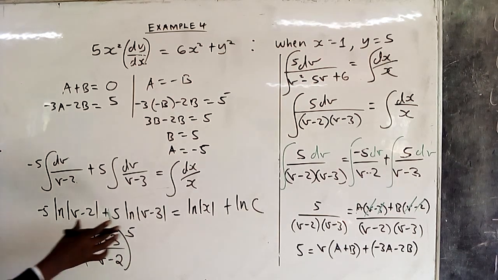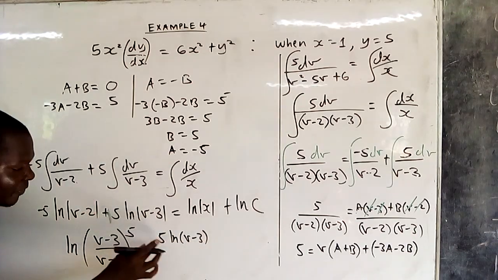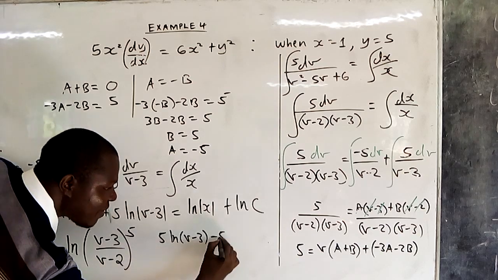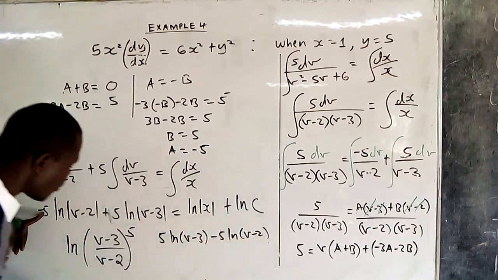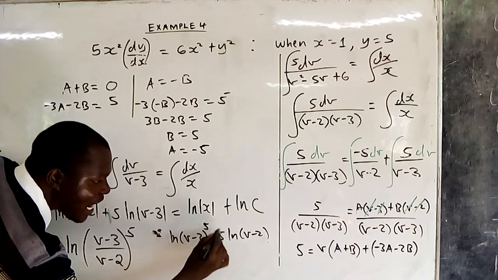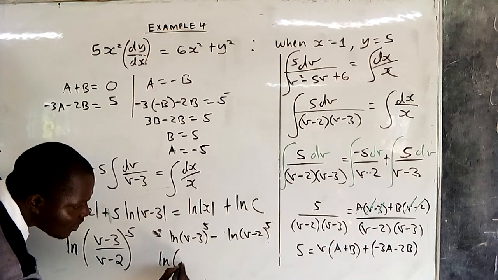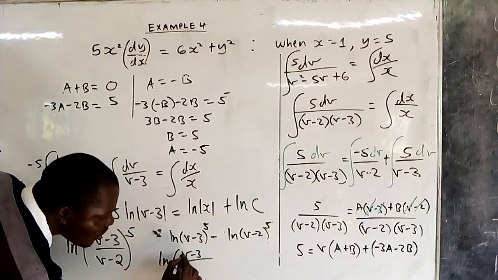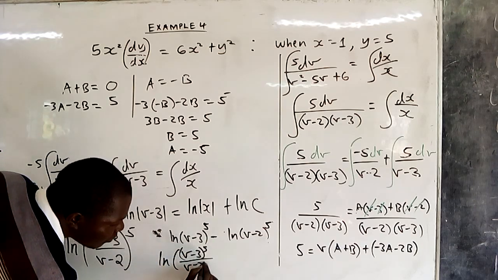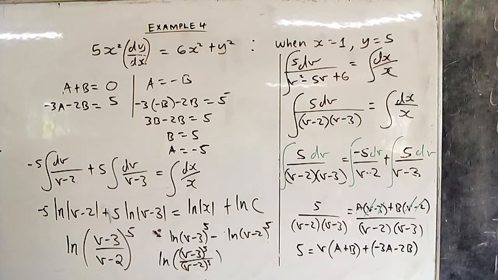Remember, this is the same as 5 ln of v minus 3 minus 5 ln of v minus 2. So 5 is the power of the logarithm. If you factorize out ln, subtraction goes to division, same power.